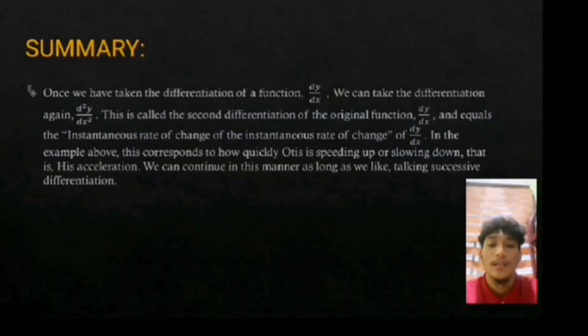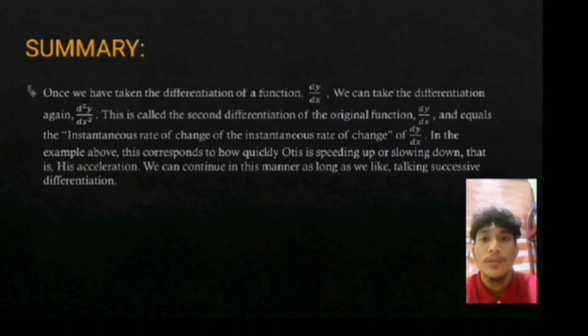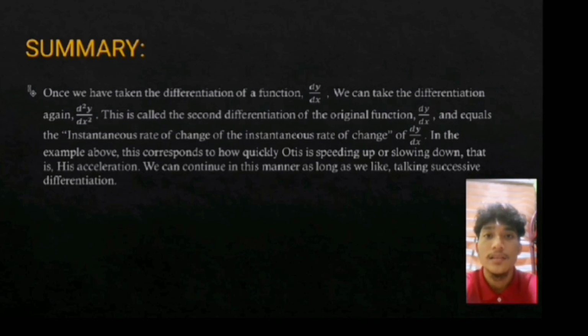Thank you. Summary. Once we have taken the differentiation of a function, dy/dx, we can take the differentiation again, d squared y over dx squared. This is called the second differentiation of the original function. dy/dx is the instantaneous rate of change, so the second derivative is the instantaneous rate of change of dy/dx.